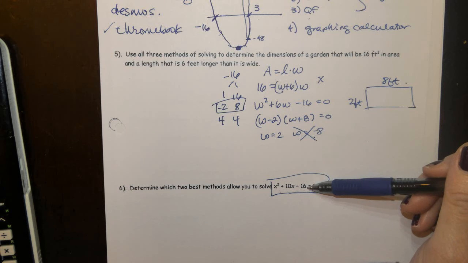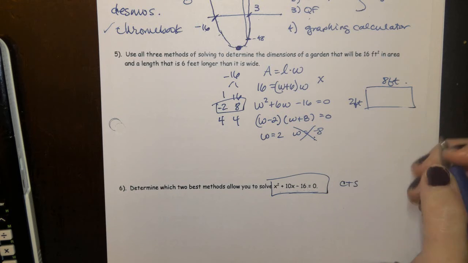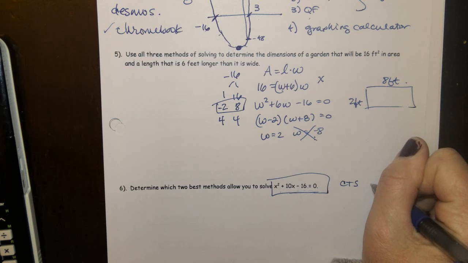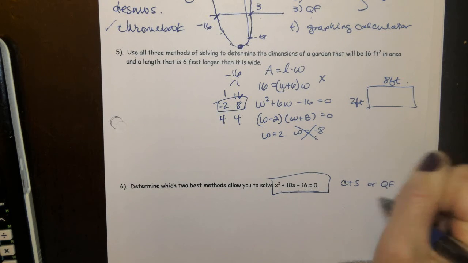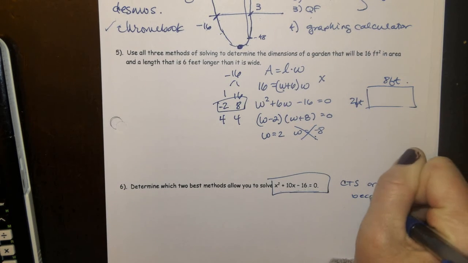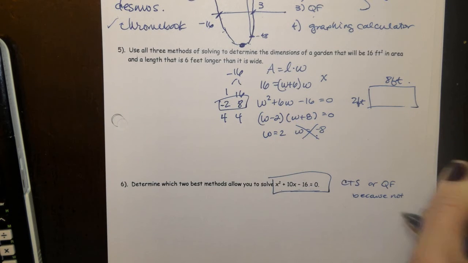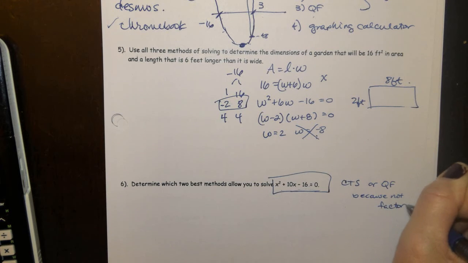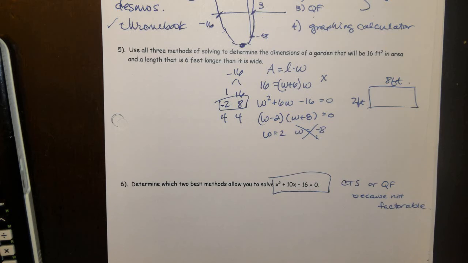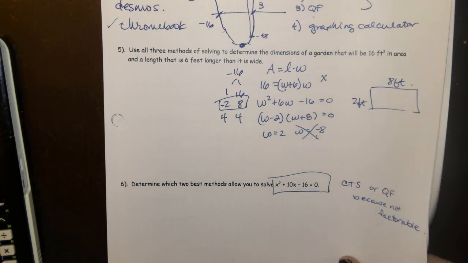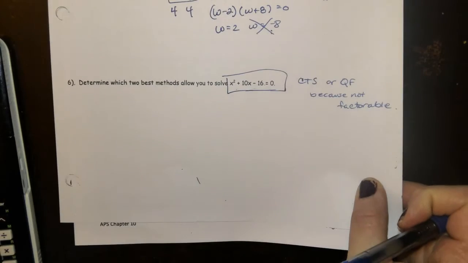So this is not factorable. You either have to do completing the square or the quadratic formula. Don't say there's no solution. Last module I said don't say there's no solution, because when we stick an equal sign in there we actually can solve it. It's just not going to be by factoring.